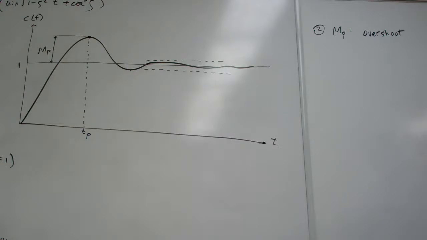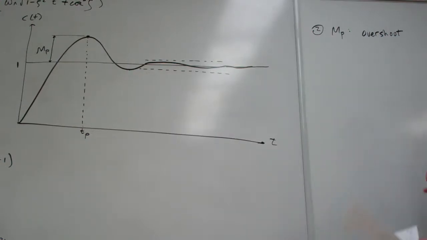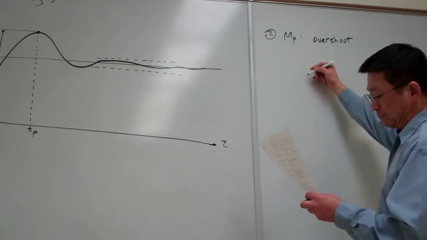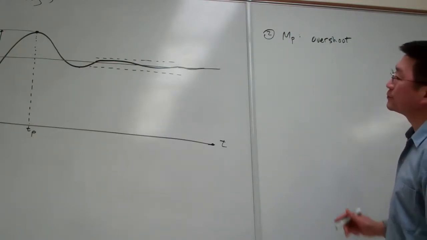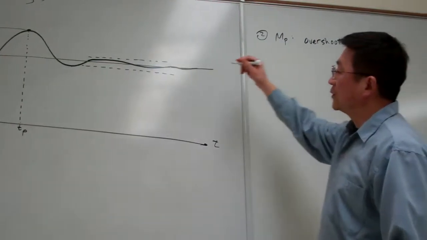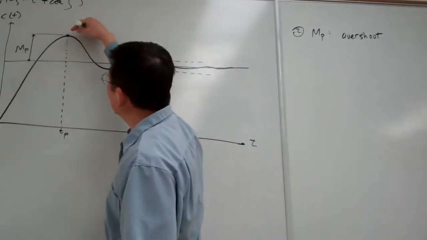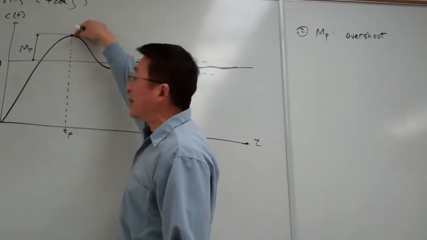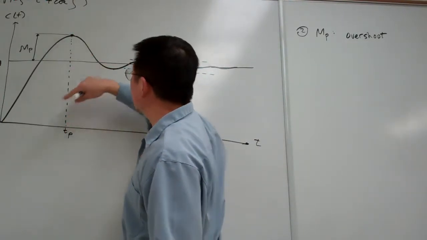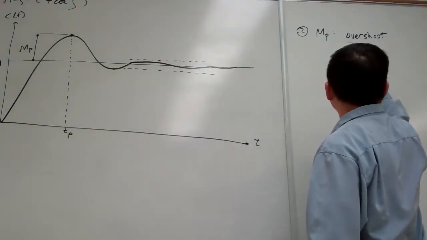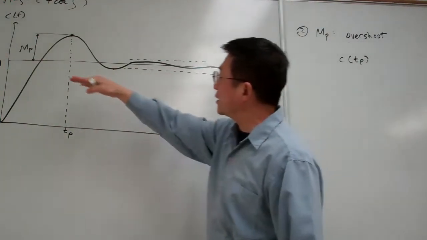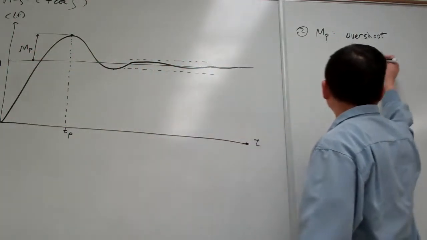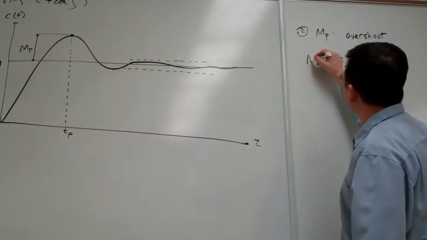MP is the overshoot, and MP can be determined like this. The MP is the value of C, the value of the response at the TP, minus 1, so that is our MP.